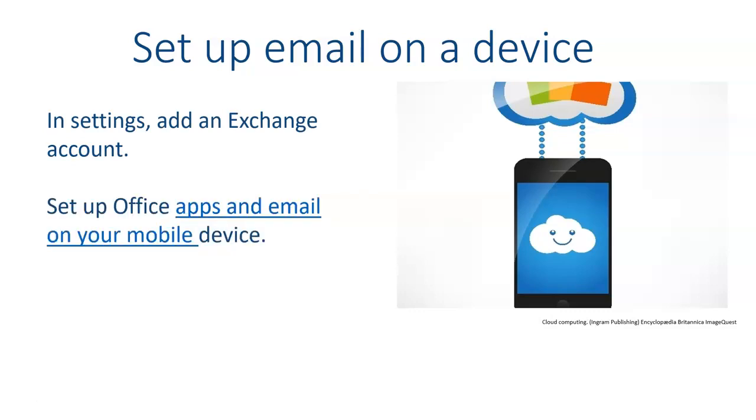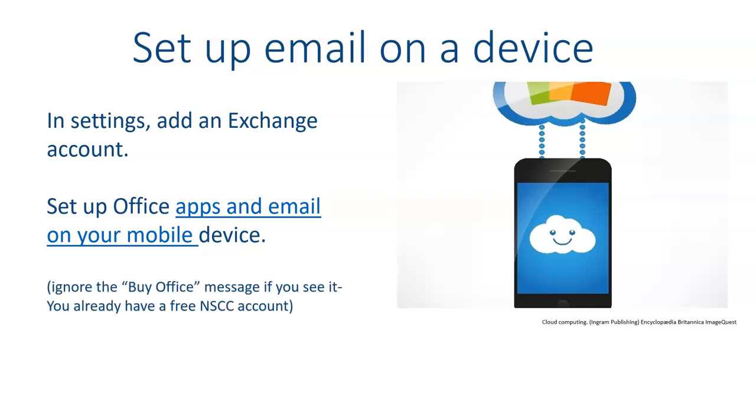It's a little different from device to device, so remember you also get a big document with these videos. You can click on the links there to learn to set up Office apps and email on your mobile device. Now you may get a Buy Office message when you read through those links. Ignore that. You already have a free NSCC Office 365 account.